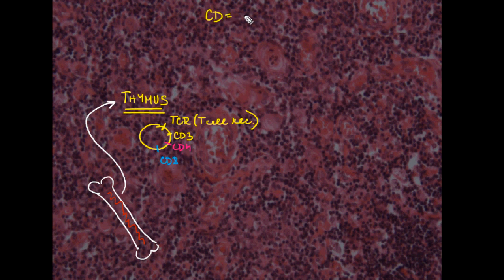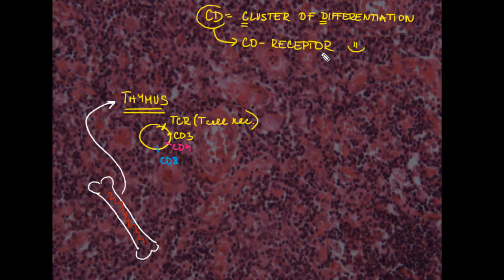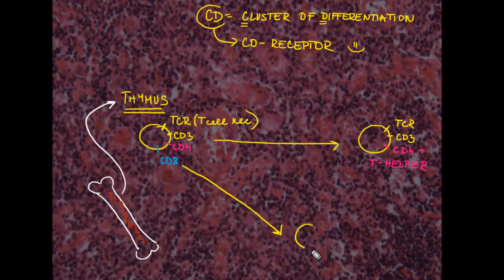CD means cluster of differentiation. We can differentiate T lymphocytes based on which receptor they have. CDs work as co-receptors. They're helping T cells transfer the signal. A T lymphocyte that activates CD4 is called a helper T cell, and the one that activates CD8, a cytotoxic T cell.